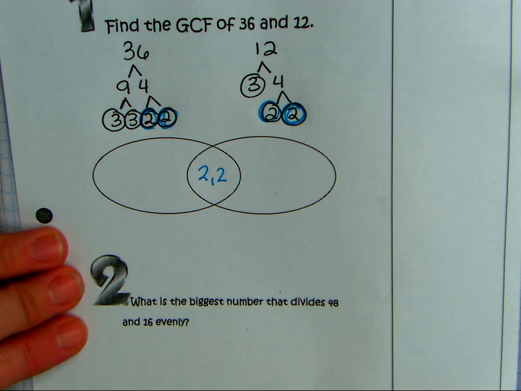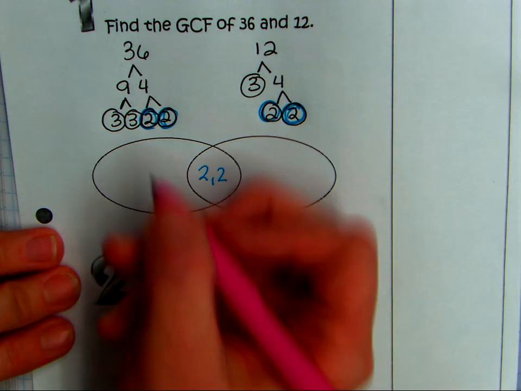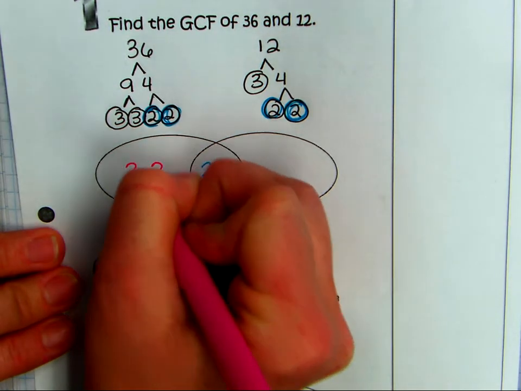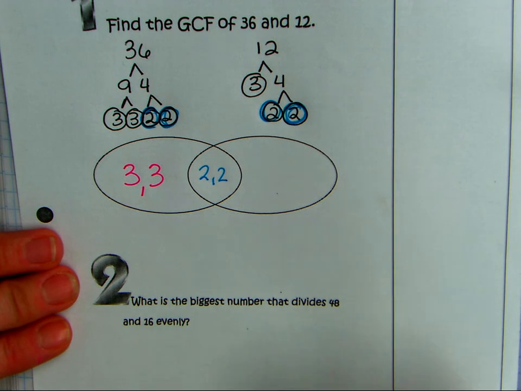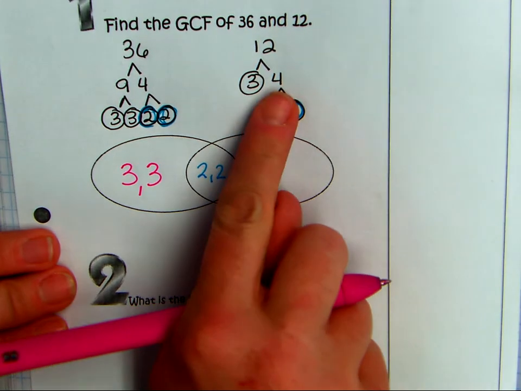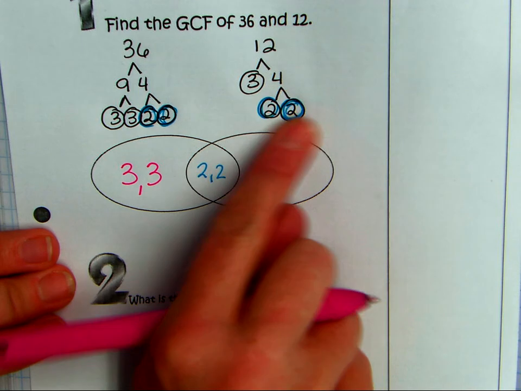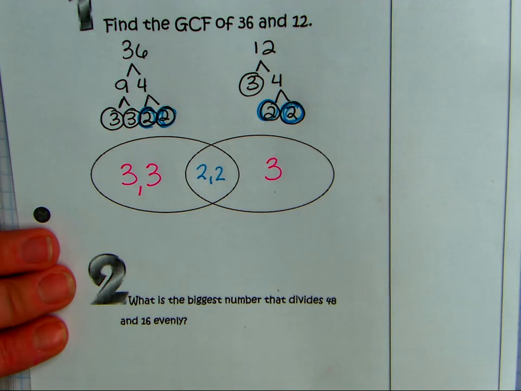What's next? Noah? 3 and 3. Where do I put that 3 and 3? On the left. Good, because they are different, right? What goes on the right? Ryder. 3 and 4. 3. 4 actually wouldn't work because we already primed that one out, and we used those ones. But good, we have 3.